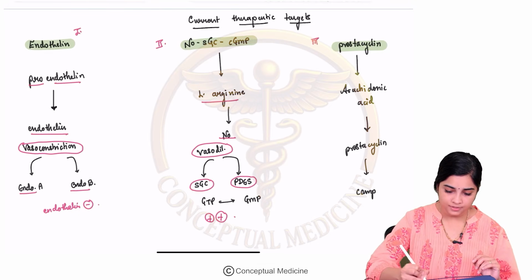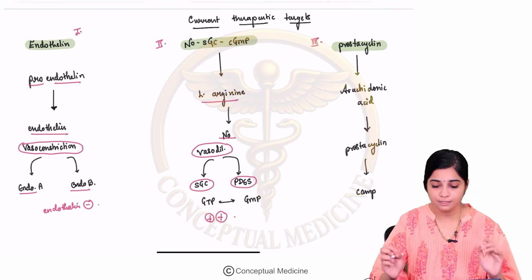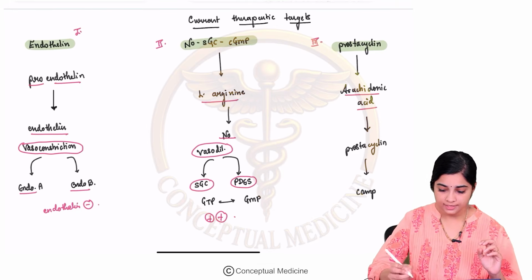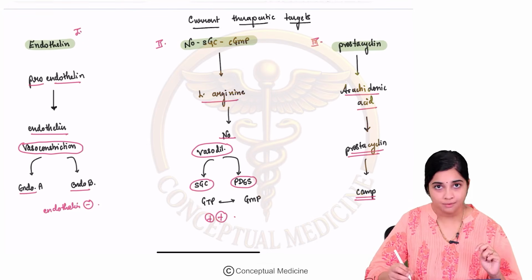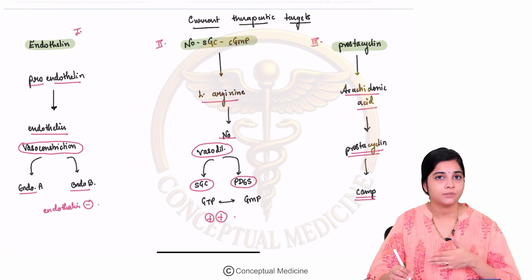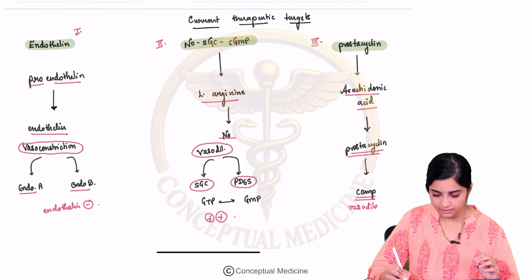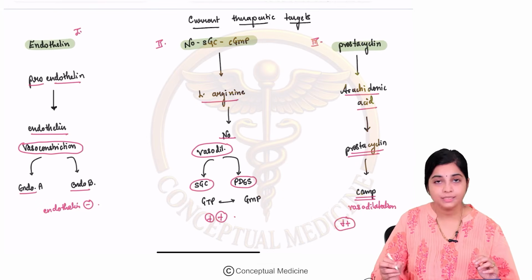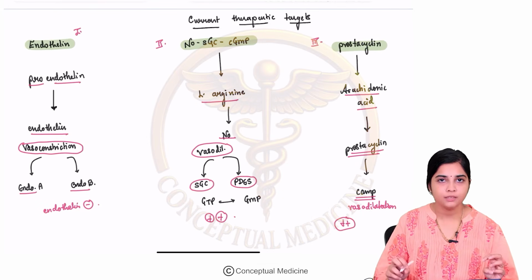Third is your prostacyclin pathway. Now, how is prostacyclin formed? Arachidonic acid is converted into prostacyclin, which acts via cAMP, cyclic adenosine monophosphate, and this also helps in vasodilatation. Hence, we give prostacyclin analogs in the treatment of pulmonary hypertension. Got it?